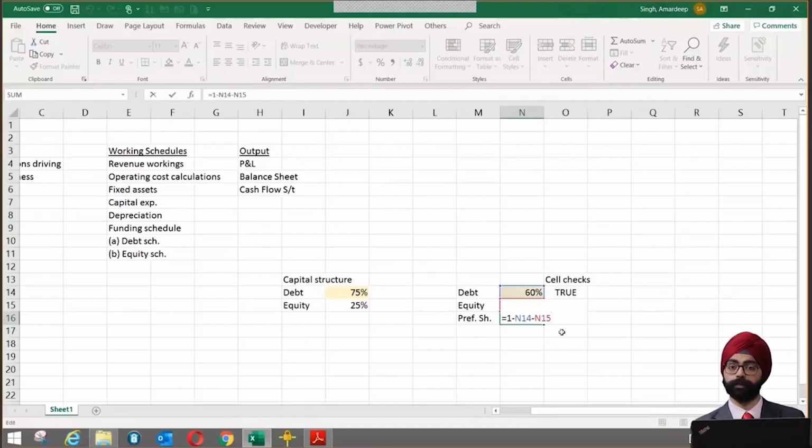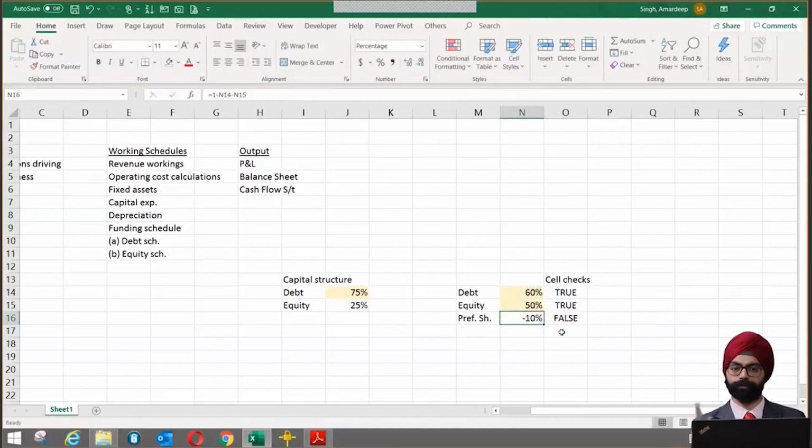We are computing it as a back working, because once you know what is debt, what is equity, you can find out the balancing figure and put that in the third source of funding. So what extra do we need to do here? Checks have been included: true, true, false. First thing is okay, second thing is okay, but there is an issue with the third.